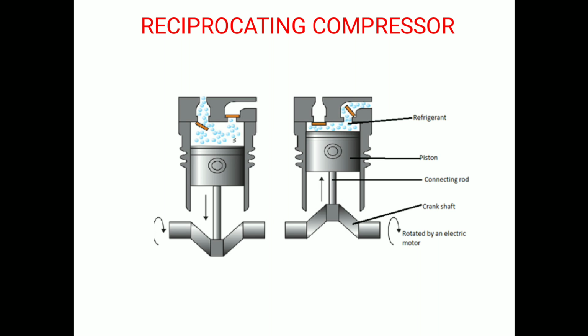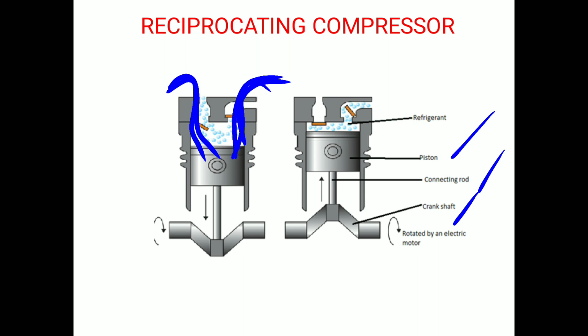You can see the refrigerant coming in through this port, being compressed, and then leaving through this other port. There are a few parts: the piston, connecting rod, crankshaft, and a prime mover, which is used to rotate the crankshaft.